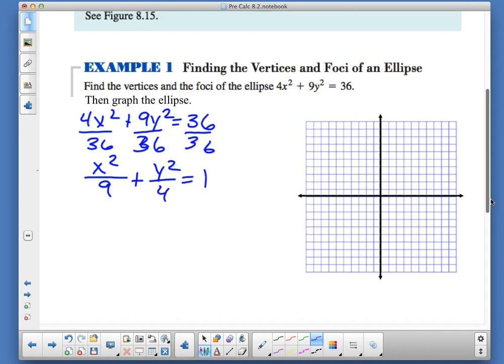Now I can break it down. A is my largest number, right? A happens to be with x in this problem because x squared is over 3 squared plus y squared is over 2 squared. So right now I know some information. First of all, I've got my semi-major axis length.